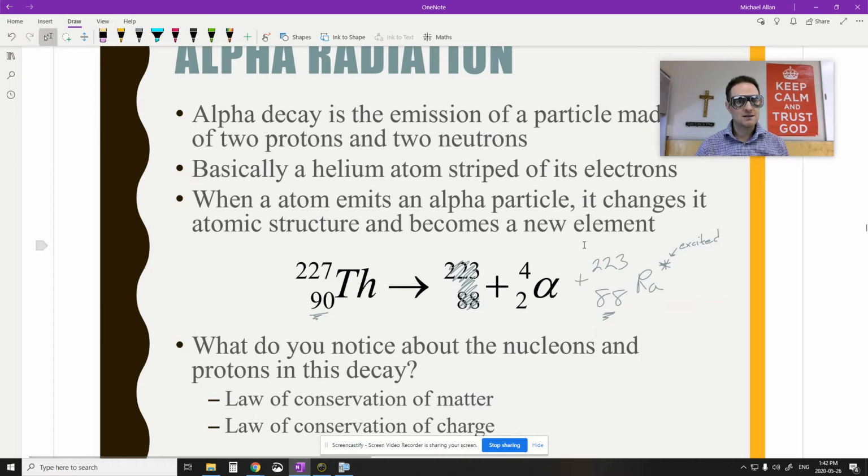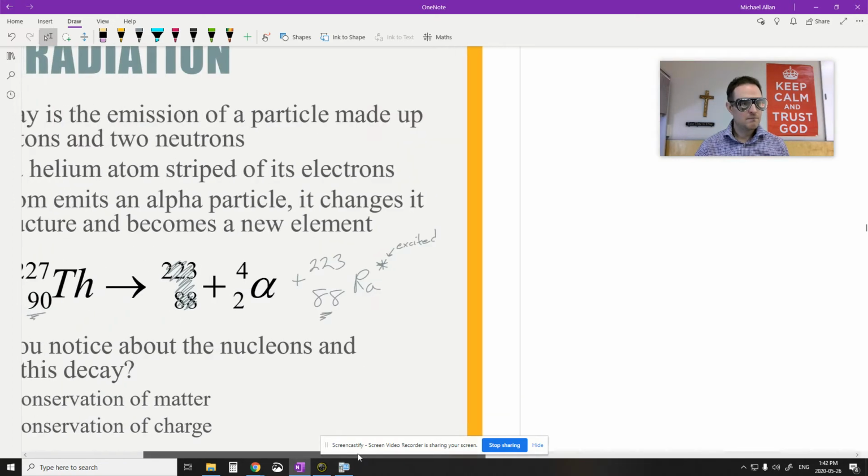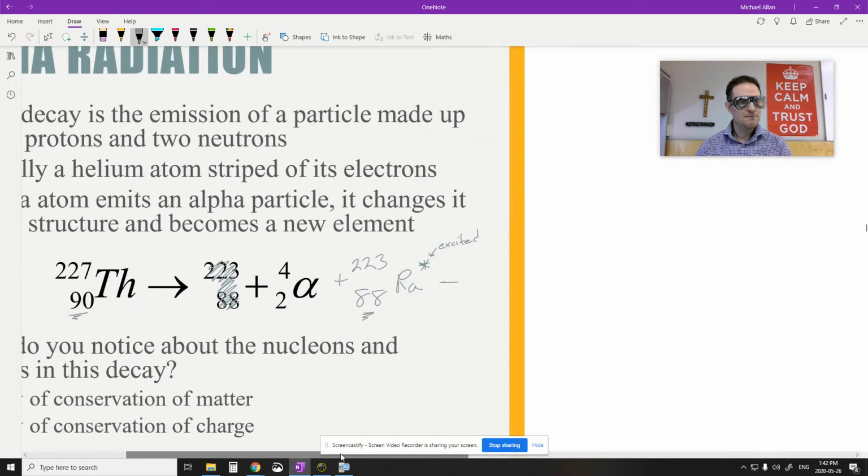So this excited atom is like an intermediate step here. After this, when it becomes unexcited, I could say that the alpha particle got emitted there. This is no longer going to be excited. Its energy level configuration is changed, and it emits a gamma particle to go with it, a gamma ray.